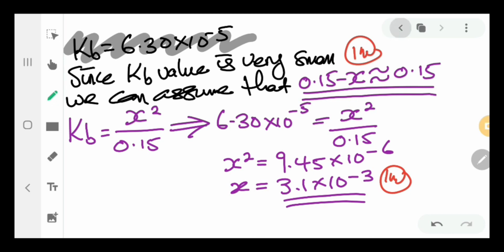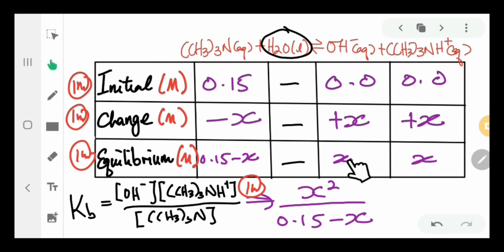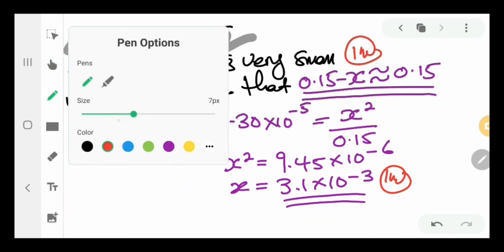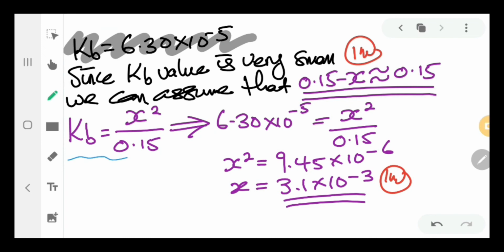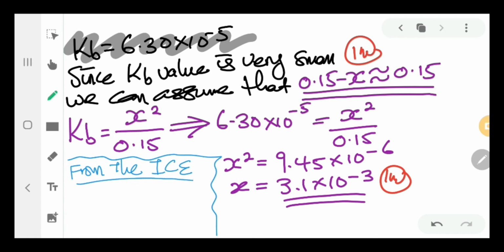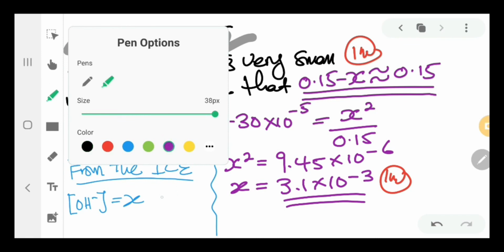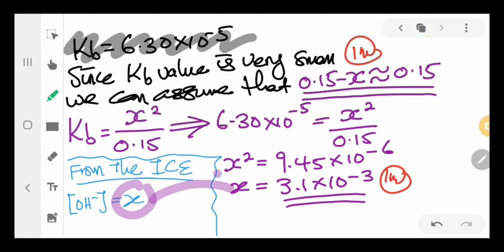So we do know that from the ICE table, the X value here is also the concentration of OH minus. So I'm going to write, from the ICE table, we know that concentration of OH minus is equal to X. And this X is right there.